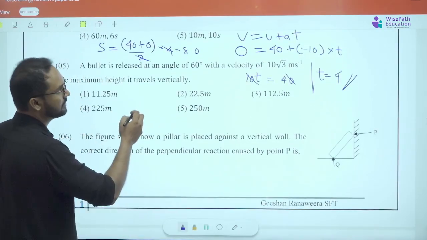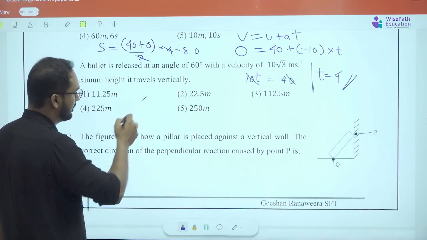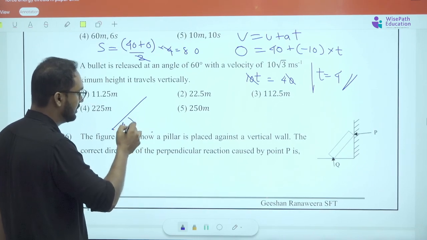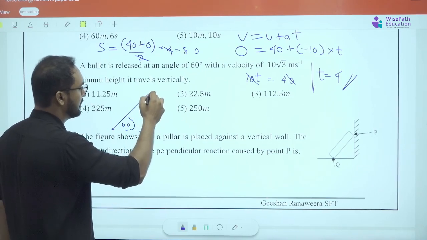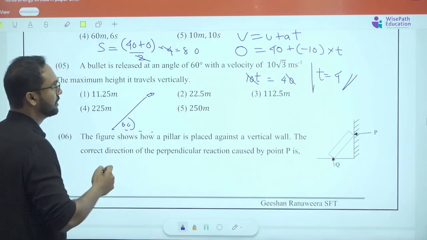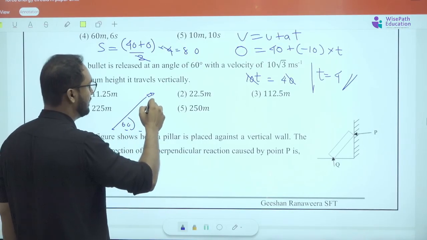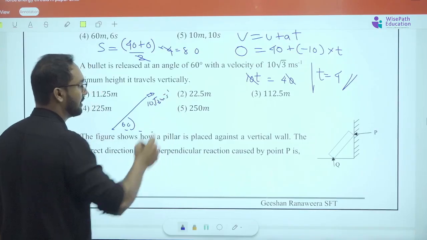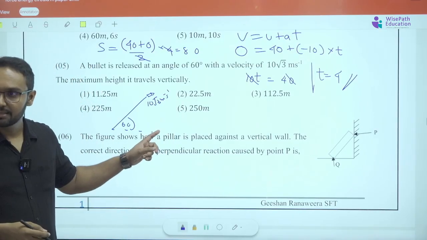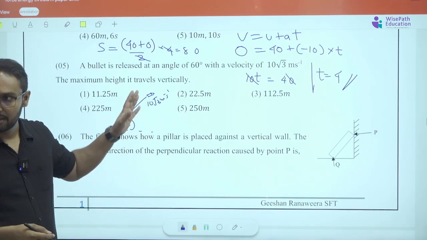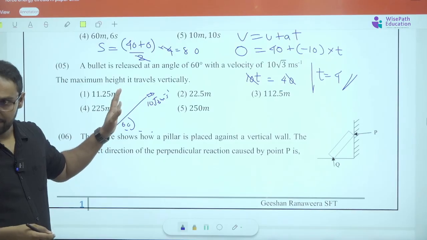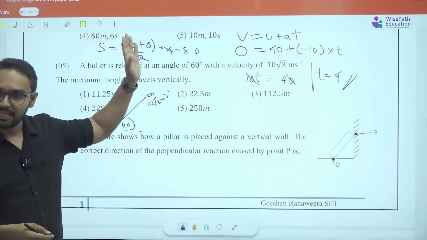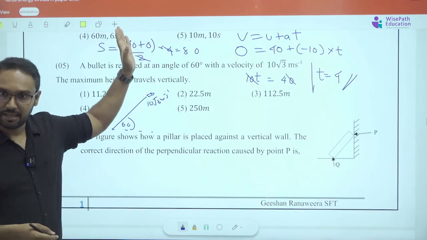If I draw this, the question says the bullet is released at an angle of 60 degrees. This is the bullet going, and the speed is 10 root 3 m s minus 1, and they're asking for the vertical height it reaches.